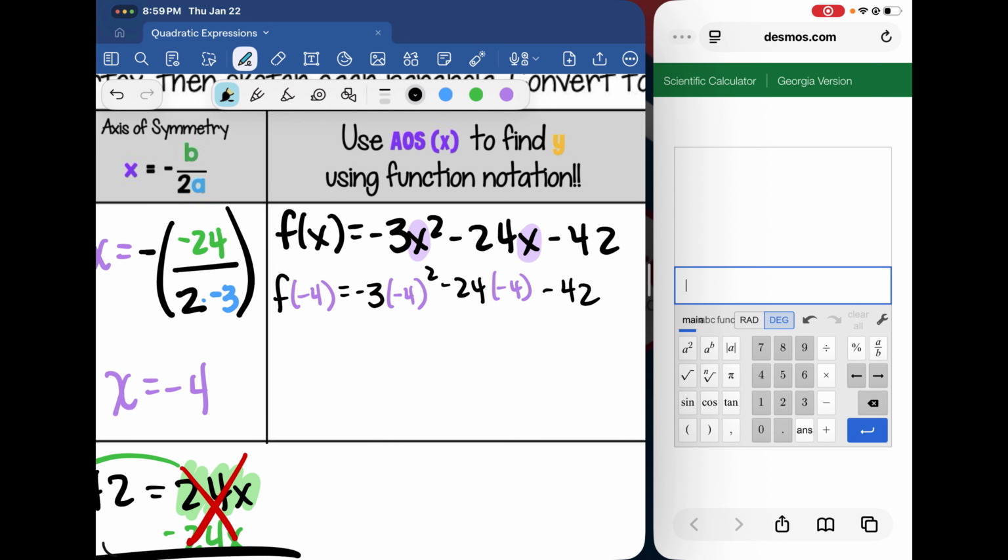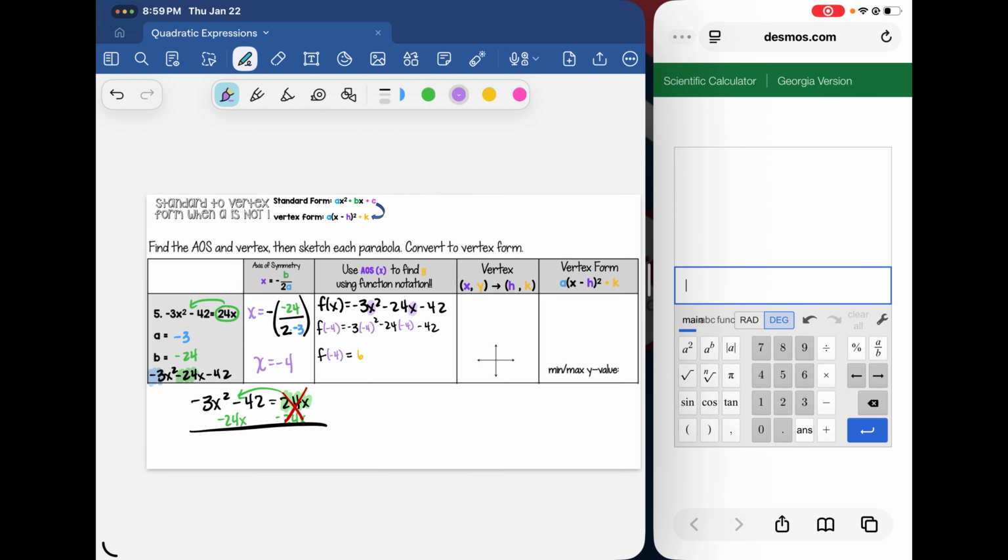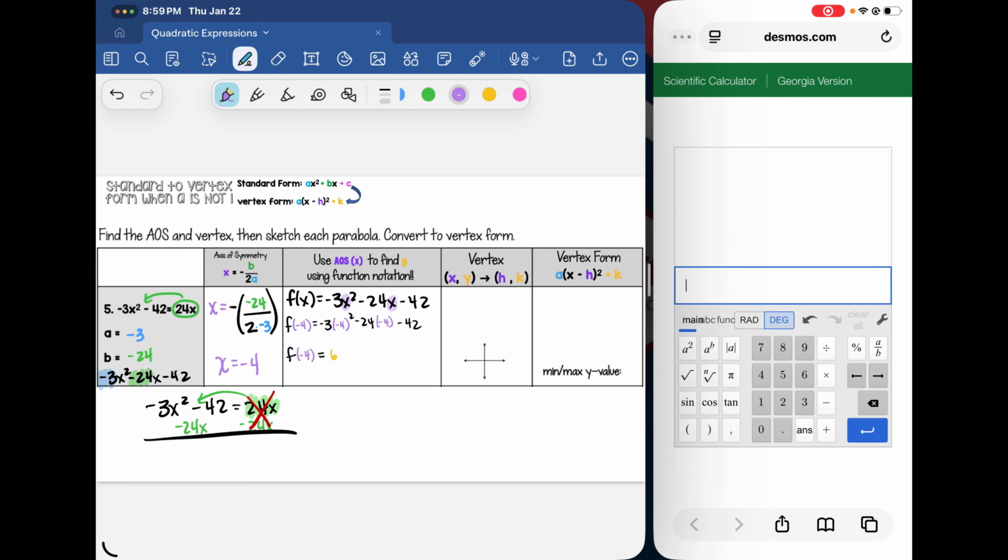Use your Desmos calculator to find f of negative 4, and you should get f of negative 4 is equal to a positive 6. What is your x value and your y value for your vertex? You should get negative 4, comma 6.